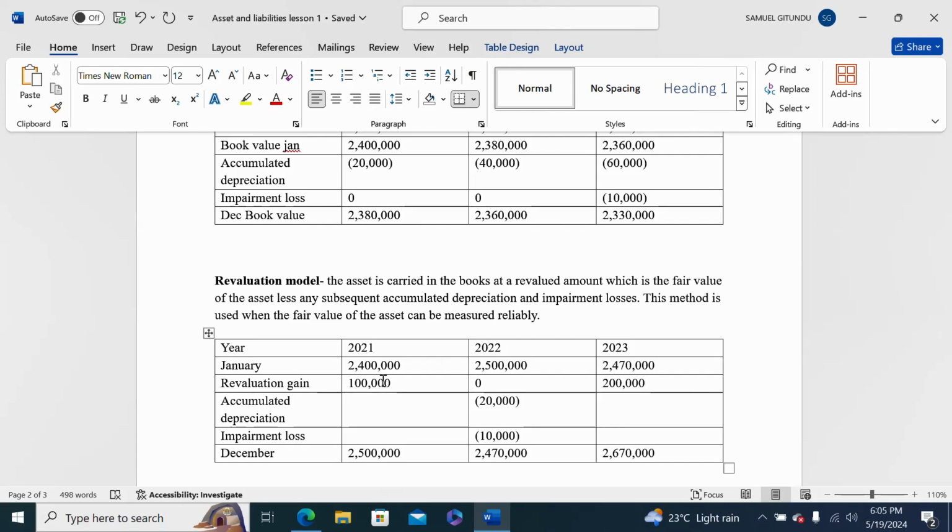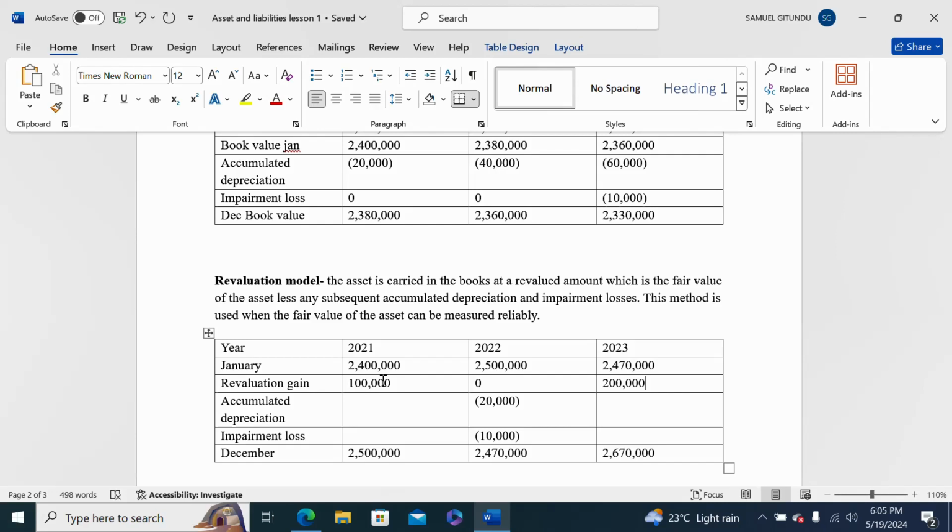If there's a revaluation loss, it should be deducted from the revaluation gain previously recognized.